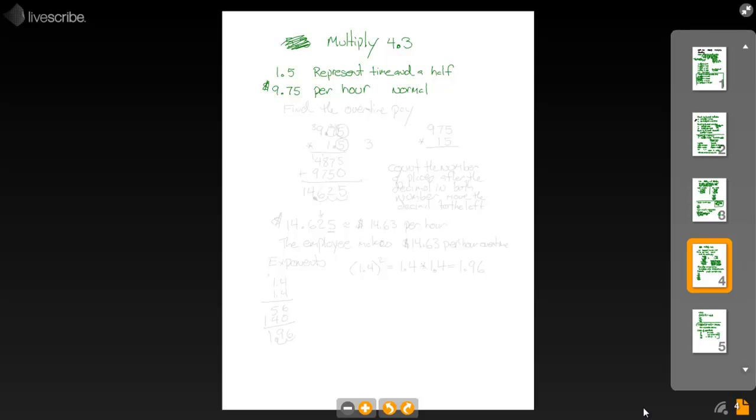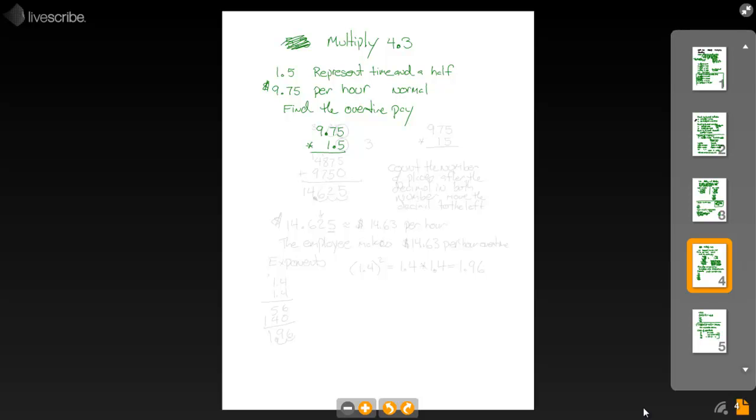All right, so let's see if we can figure out the overtime pay. So everybody see our goal? Do we want to add, subtract, multiply, divide? Most of us would probably write the bigger number up top and put the smaller number as what I multiply by, because it doesn't matter what order you put them in for multiply.